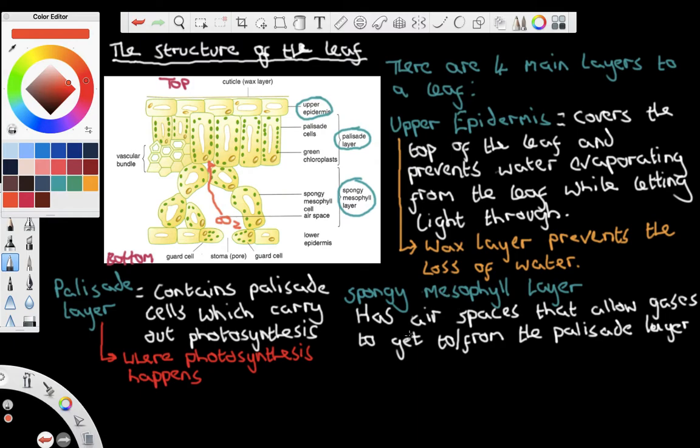Okay, and that's what the spongy mesophyll layer has. It has air spaces that allow gases to get to and from the palisade layer.